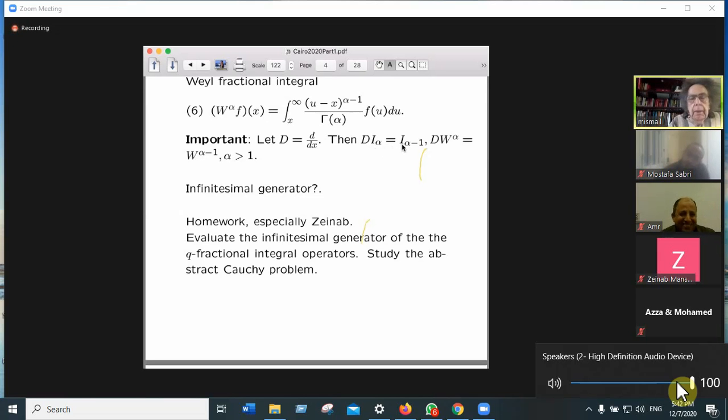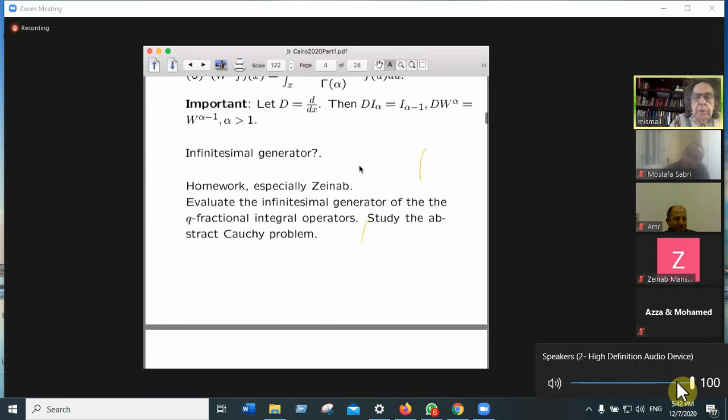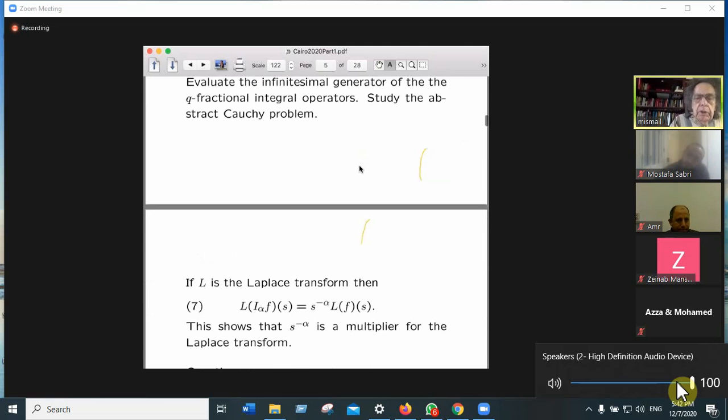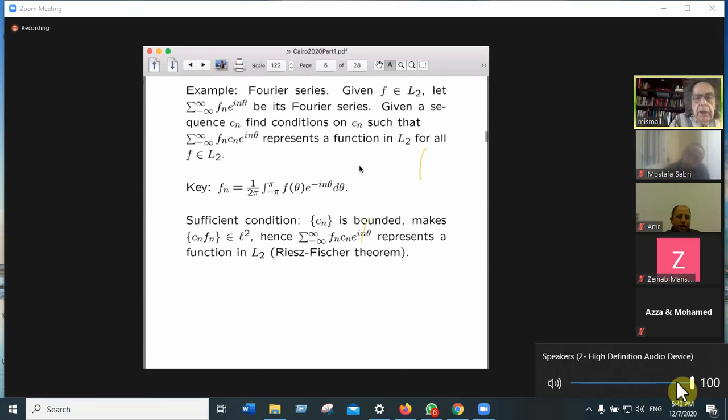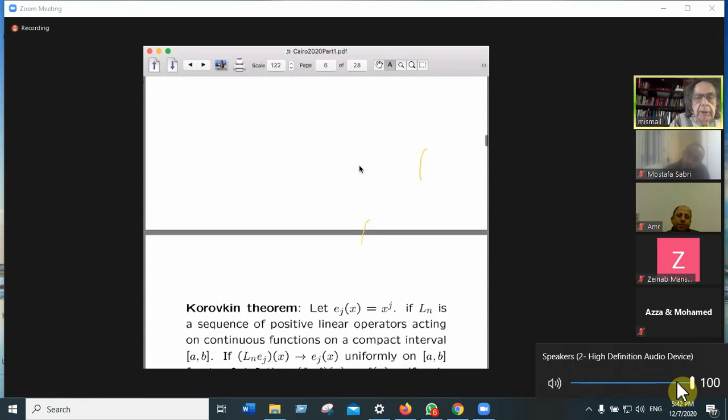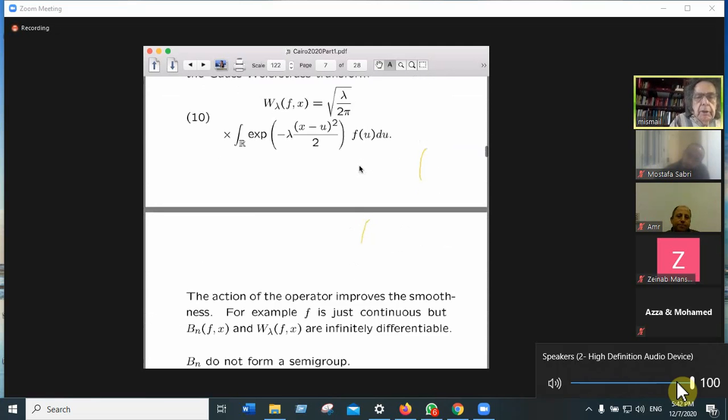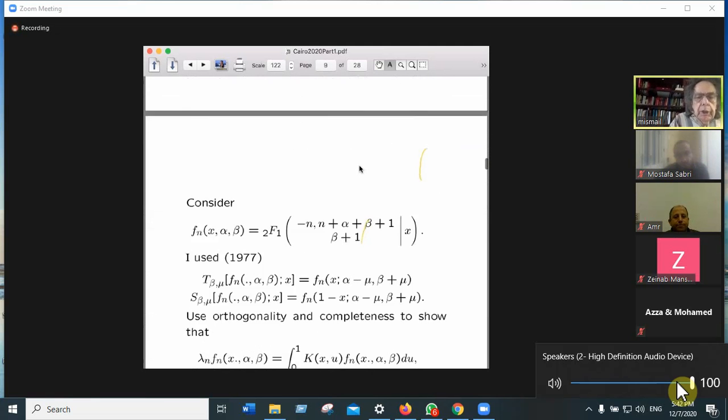Also, we'll study the corresponding abstract Cauchy problem. We'll describe the eigenvalues and eigenfunctions of the operators and so on. So we will study this in some detail. There are still some questions left, but I think we understand how it will work.